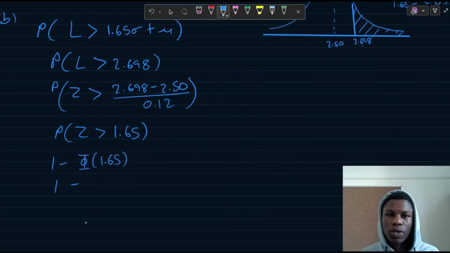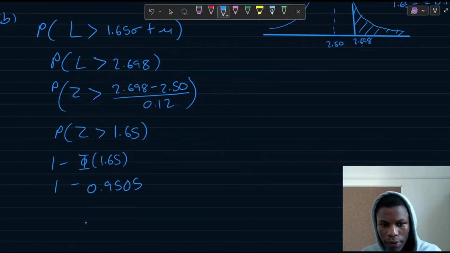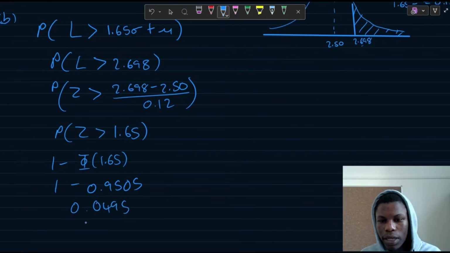Got my tables, read off phi of 1.65. I'm going to get 0.9505. And this is 1 minus 0.9505. That's 0.0495. So this is the probability that one large bag has a mass of pasta more than 1.65 standard deviations above the mean. So this is for one bag. What about 160 bags?